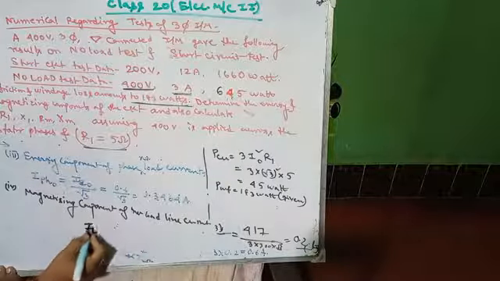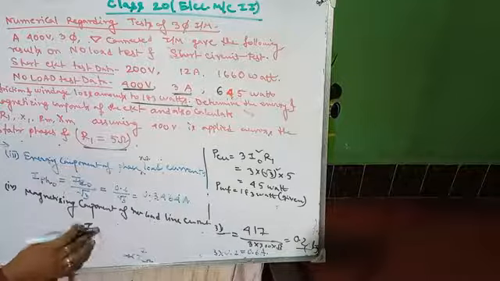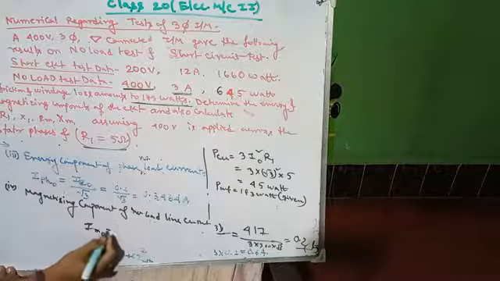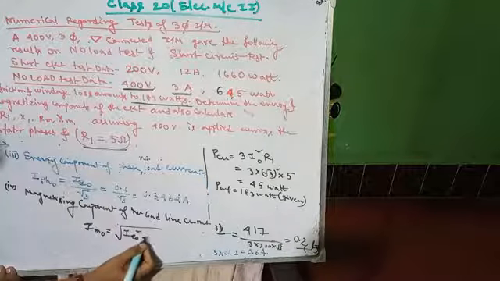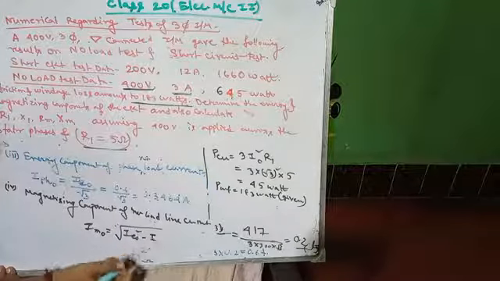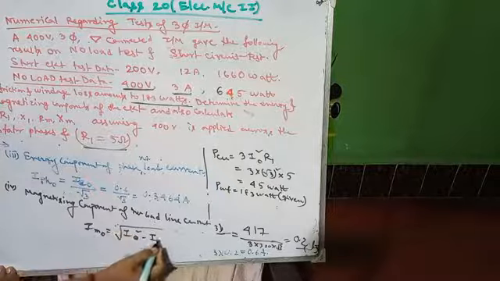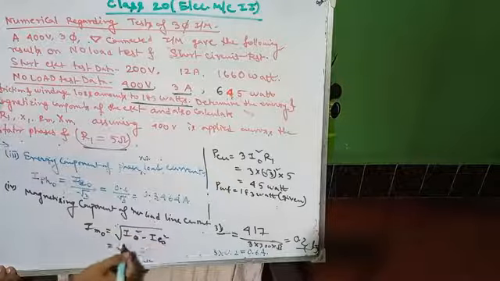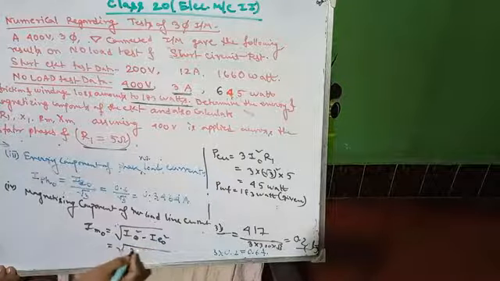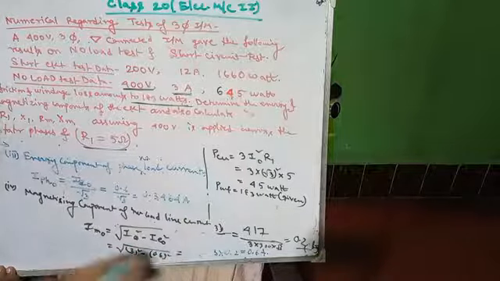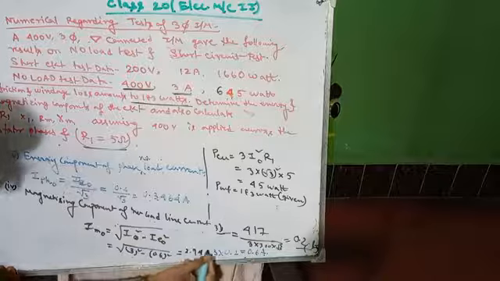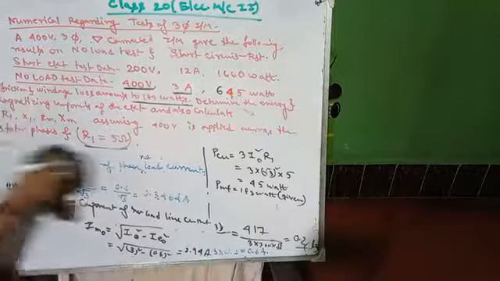So IM naught equals to root over of IE naught square minus I naught square. So it will be equals to 3 square minus 0.6 square. So that will be equals to 2.94 ampere. Okay, so fourth one is completed.